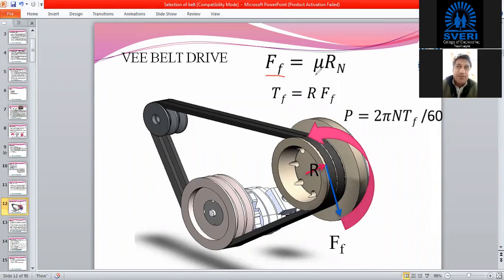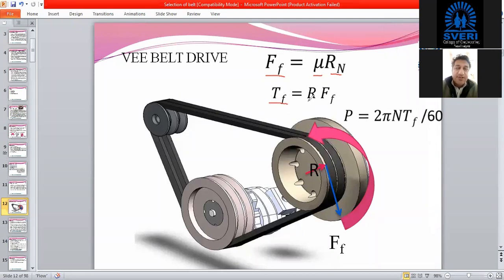This frictional force is calculated as mu into Rn, where Rn is the normal reaction and mu is the coefficient of friction. So the coefficient of friction between belt and pulley is helpful for transmitting the power. And the torque which is transmitted is equal to the frictional torque.